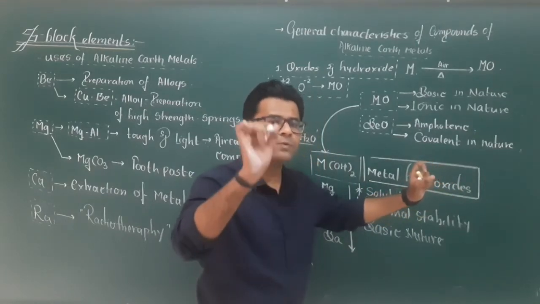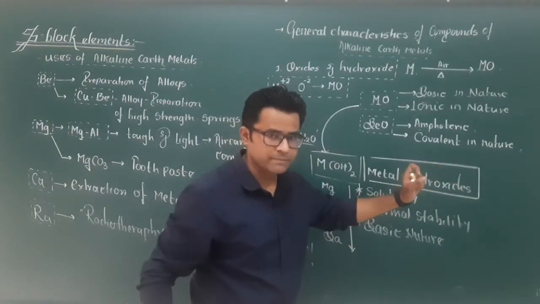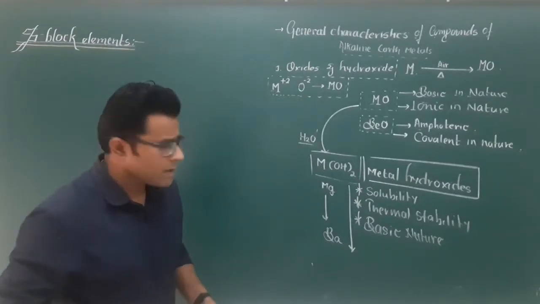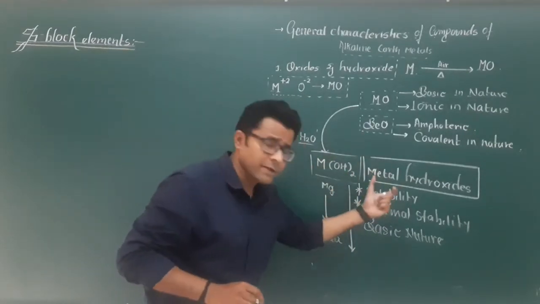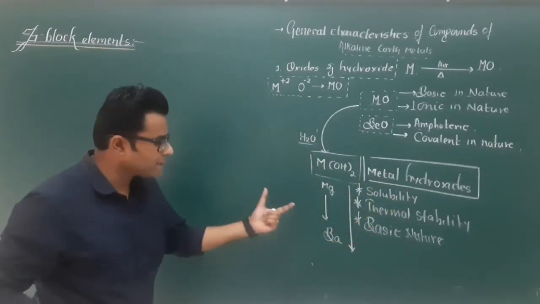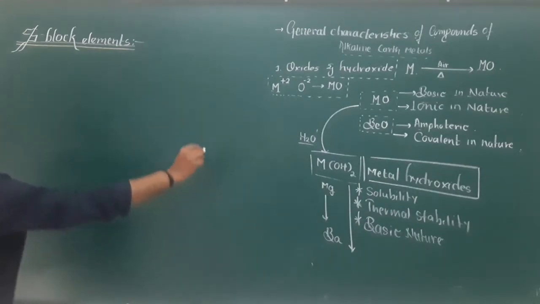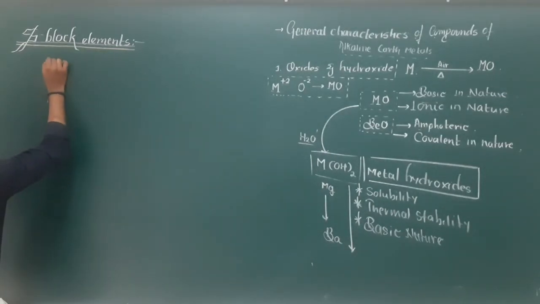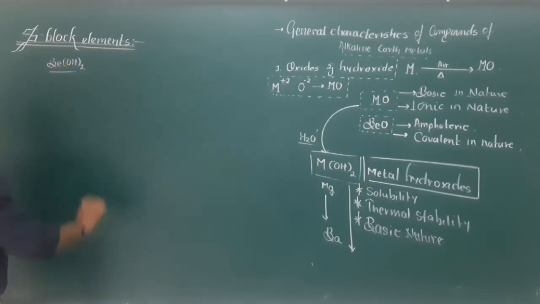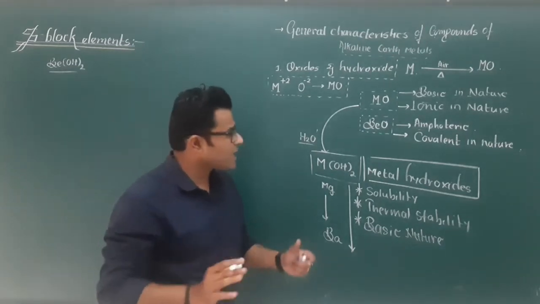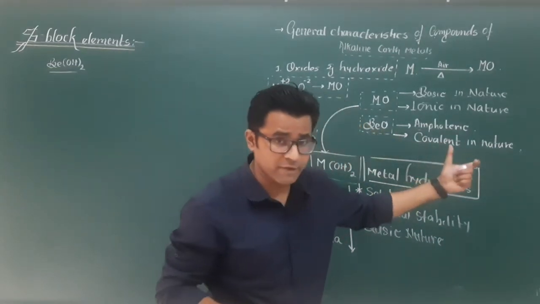Now we will take a look into one simple reaction. As we are speaking about the metal hydroxides, we will check one particular reaction with respect to beryllium hydroxide. Beryllium hydroxide is amphoteric in nature, just the way beryllium oxide was amphoteric.